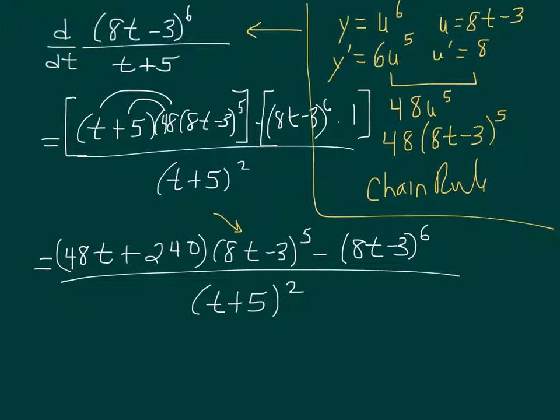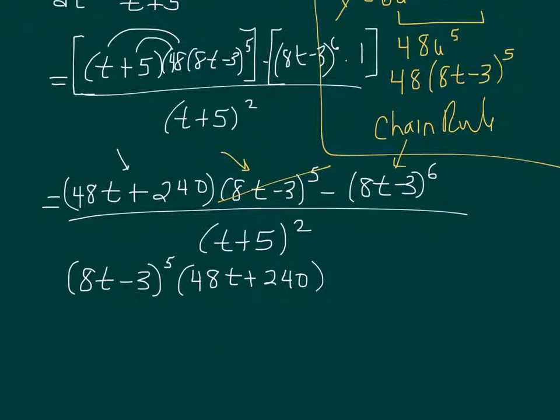Now I just see that I could factor out an 8t minus 3, I should say, to the 5th. So that all got factored out, so the only thing left is this piece, which is 48t plus 240. Notice what happens over here.